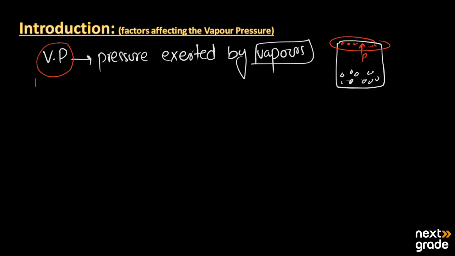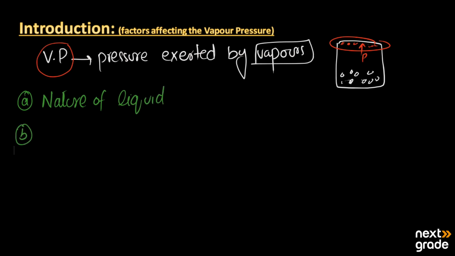Now, what are the main factors that are going to affect the vapor pressure of the liquid? We have mainly three factors. Number one, the nature of the liquid, and how it will affect the vapor pressure.